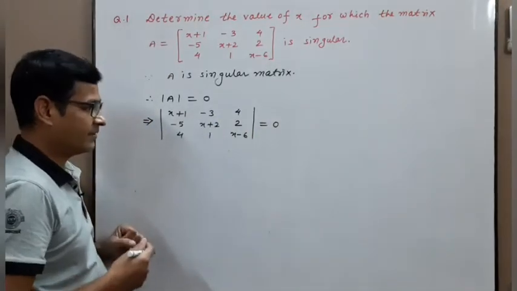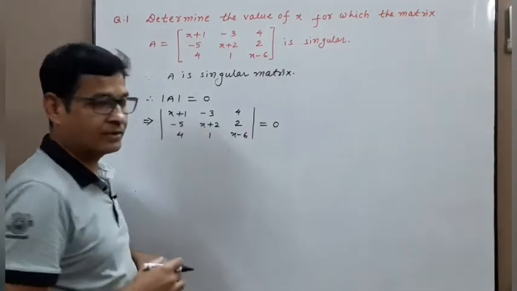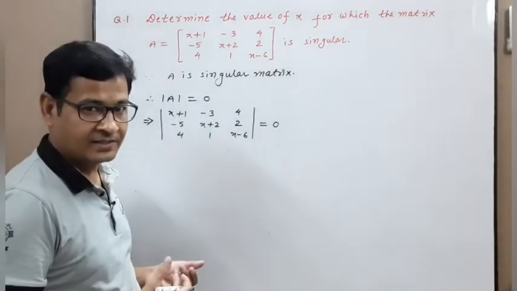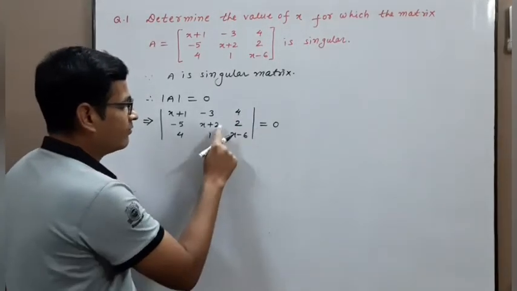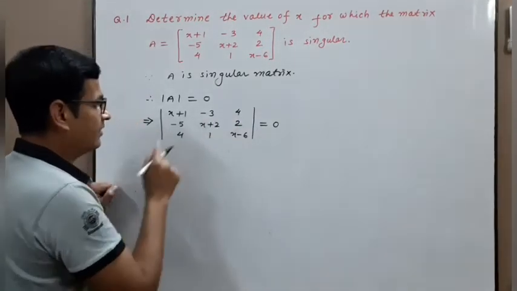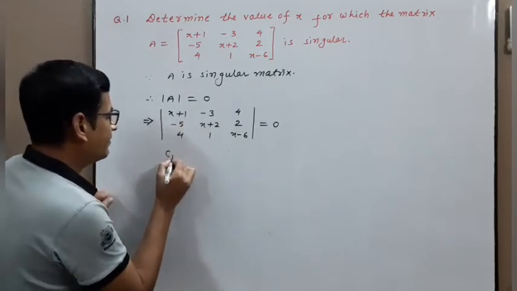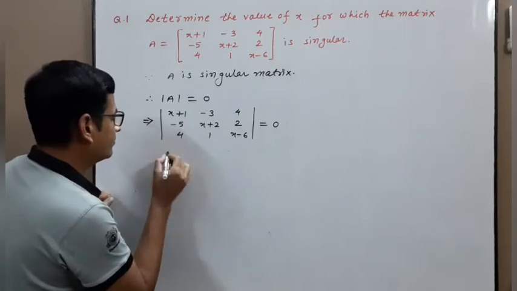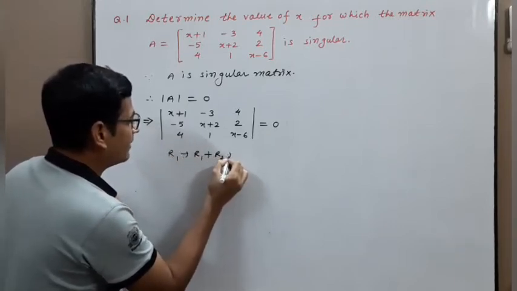Now simplify this. If we simply open this, then x into x into x is a cubic polynomial, so calculation is tough. Just observe the columns: 4, 2, 6, minus 6, 1, or 2, 3, minus 3, 1, or 4, 5, minus 5. Means R1 tends to R1 plus R2 plus R3.